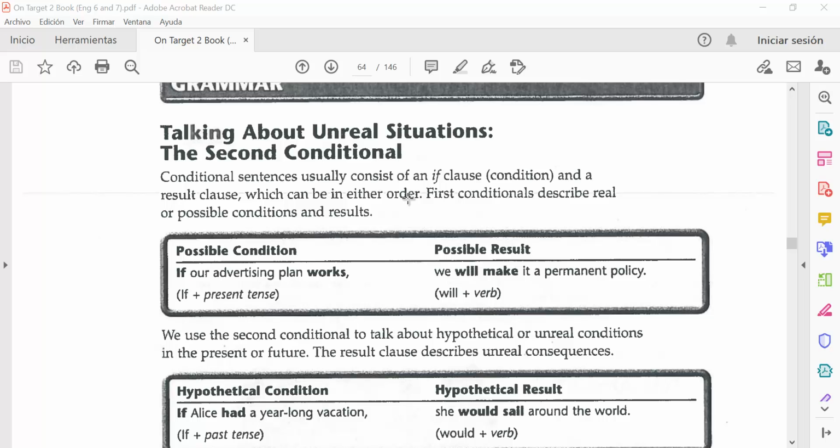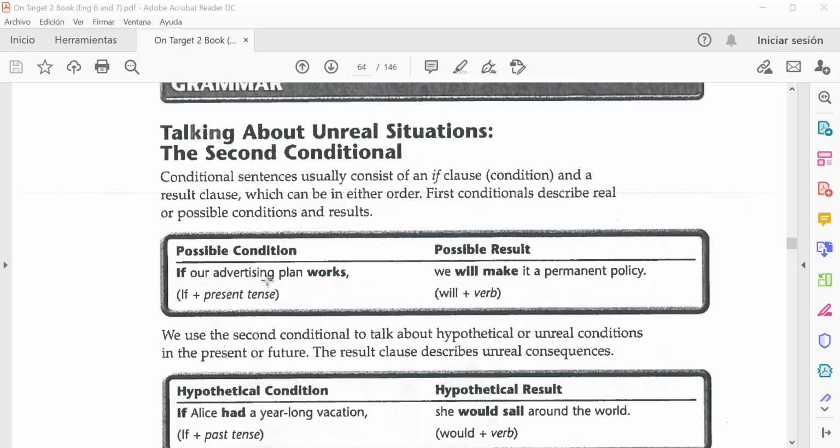So we have a conditional sentence which is integrated by two clauses. One is the condition clause and the second one is the result clause. As you can see here on your screen, we have the condition clause, the possible condition, and the result clause, which is the possible result.